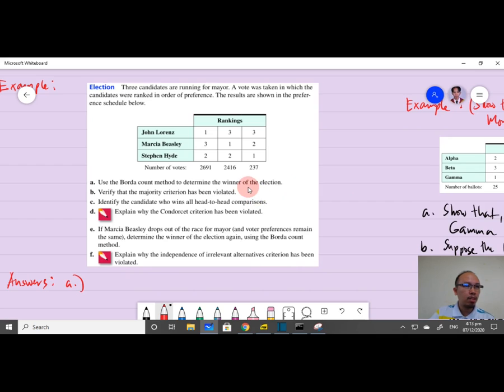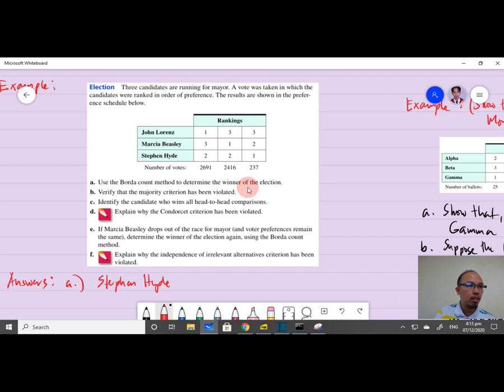So I've solved this already, and the answer for letter A is Stephen Hyde.